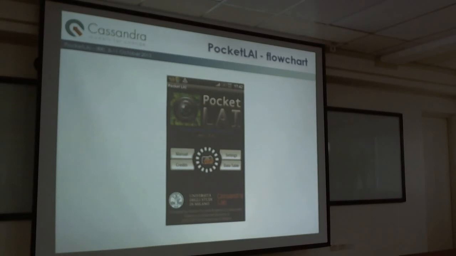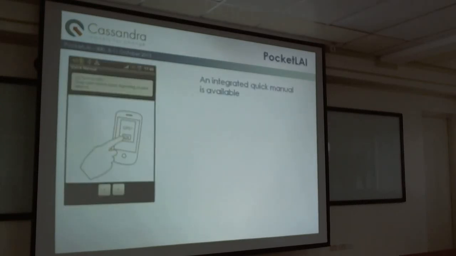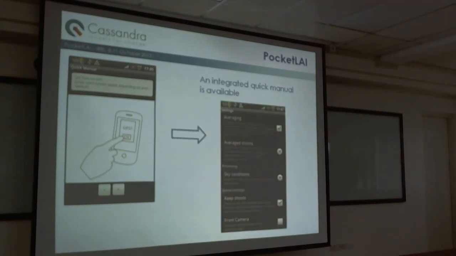This is the graphical user interface of the application, and I will briefly explain how it works. There is a manual, settings, data table, and so on. So now let's imagine having the application in your hand. This is the integrated quick manual, which is available in the application. You have the possibility of specifying some options.